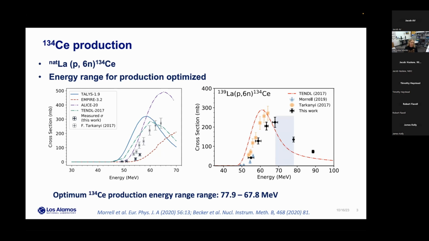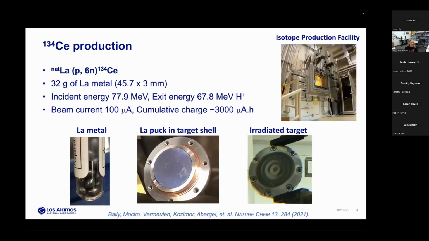So this was the theory of production; now the practical side, with images to show you what it looks like. We start with lanthanum metal, which is shaped into these nice lanthanum pucks. Currently we are using 32 grams of lanthanum metal, which is irradiated and encapsulated.